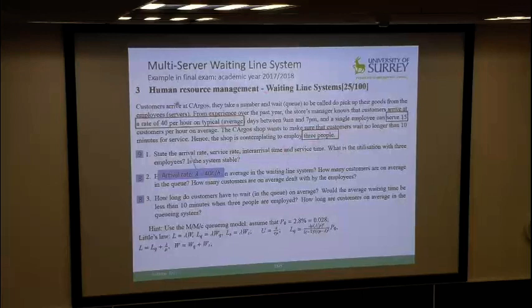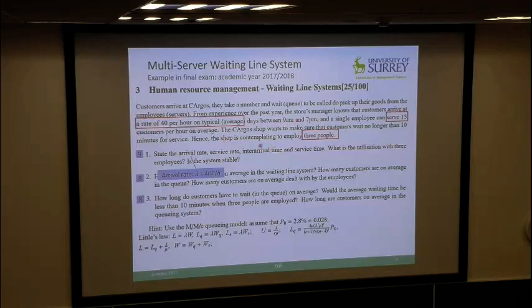If you look at the story, it is about a shop where you go in, wait, and pick your goods from employees. This is a quite typical waiting line system.